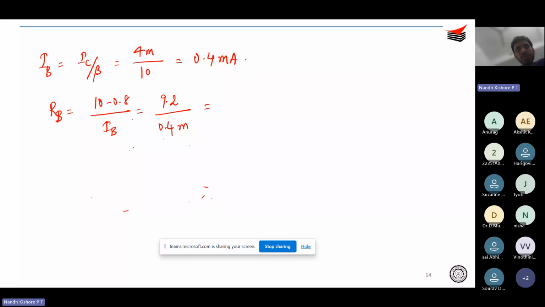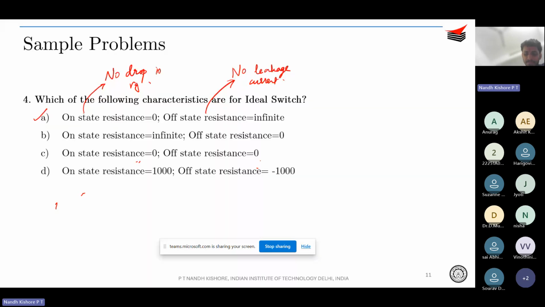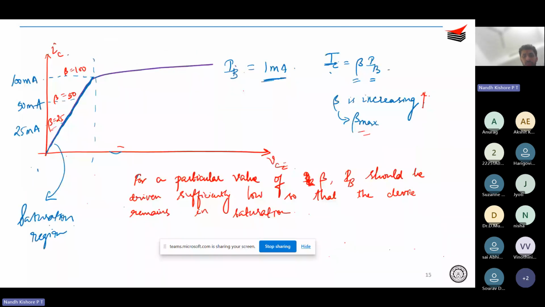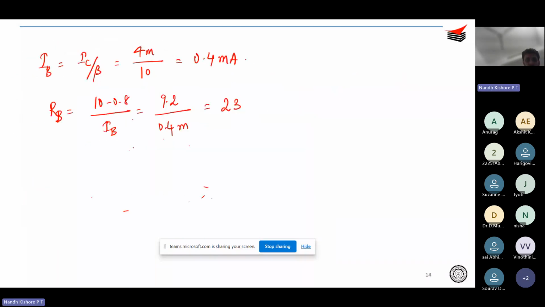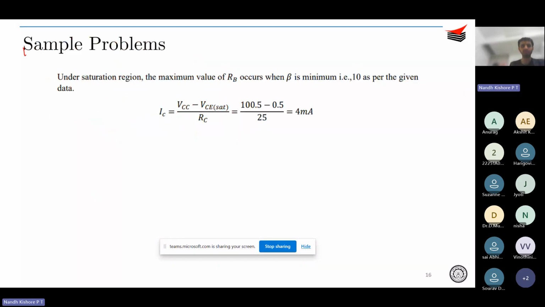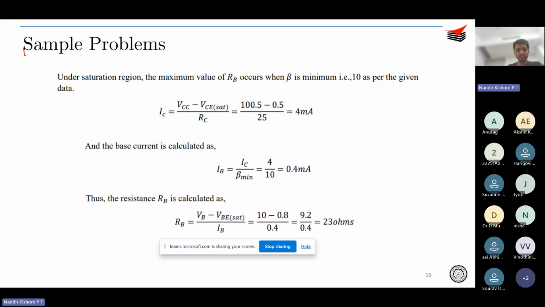So 92 by 4 becomes 23. So IC is 100.5 minus 0.5 by 25, and then the base current you compute as 0.4 milliamps.